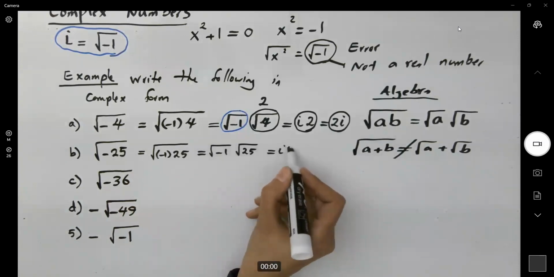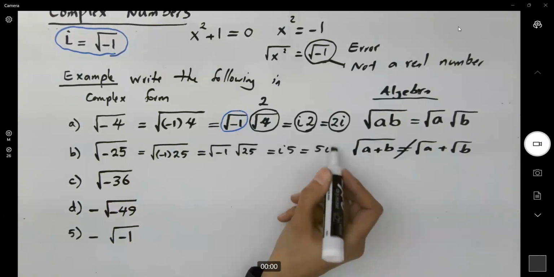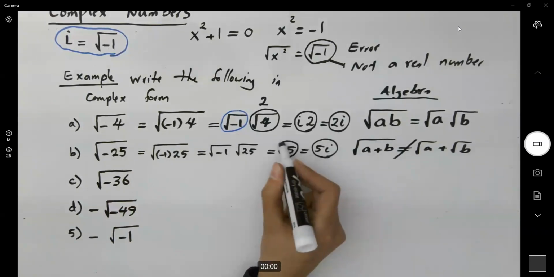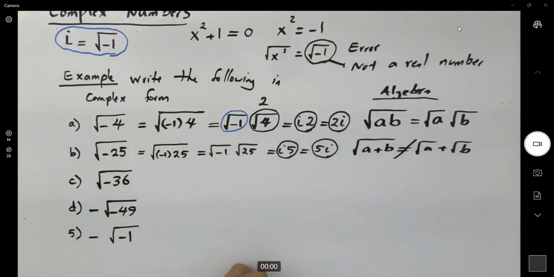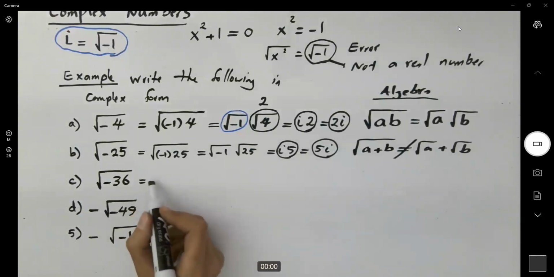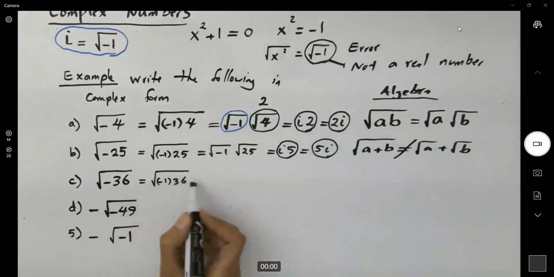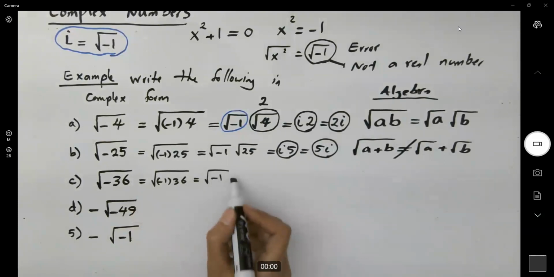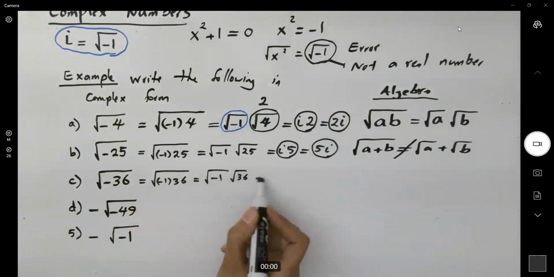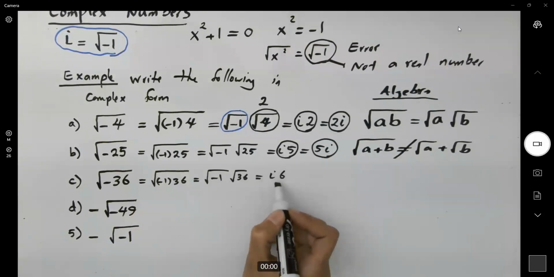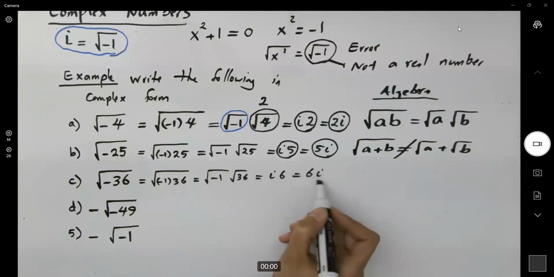So I get i times 5 or 5 times i. What about square root of negative 36? This guy can be written as square root of negative 1 times 36, or square root of negative 1 times square root of 36, i times 6 or 6 times i.